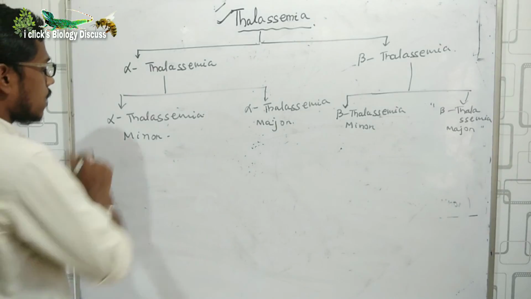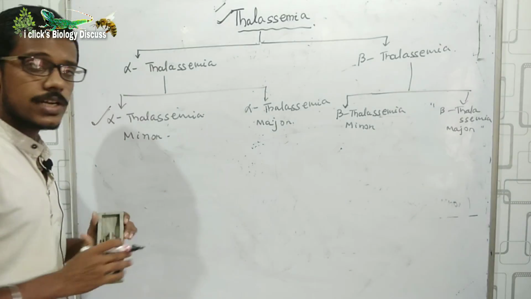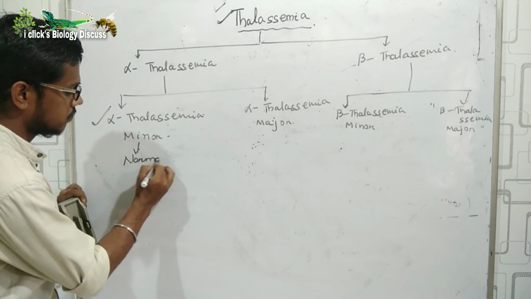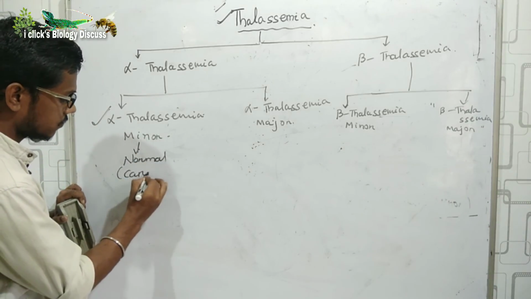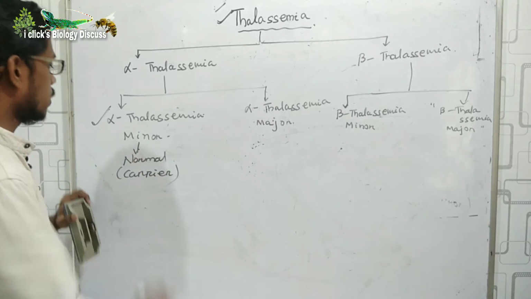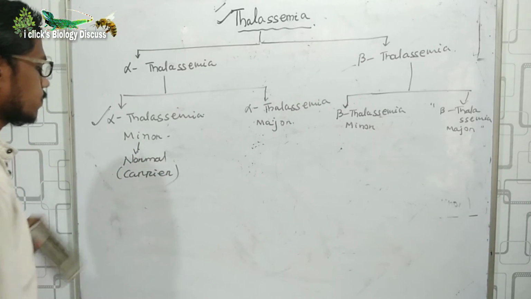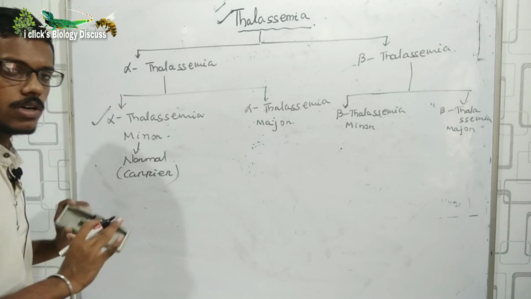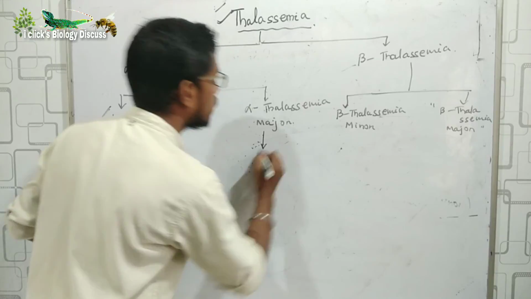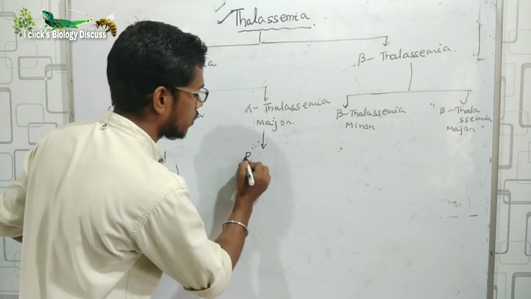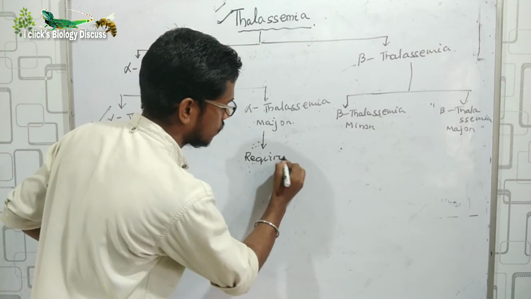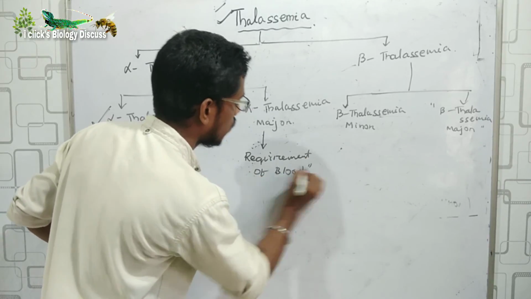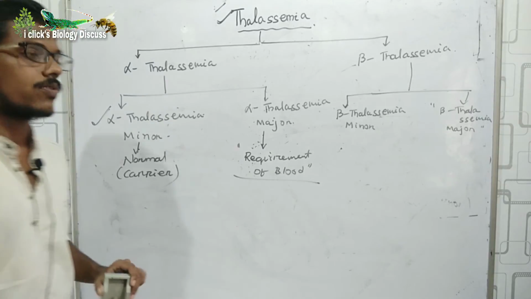Alpha thalassemia minor means that the person is a normal person, but is a carrier for that disorder. There will be no requirement of blood. But in case of alpha thalassemia major, there will be requirement of blood or normal hemoglobin from the outside.